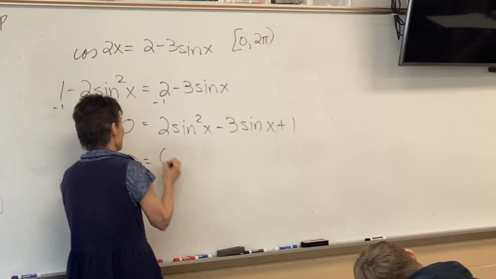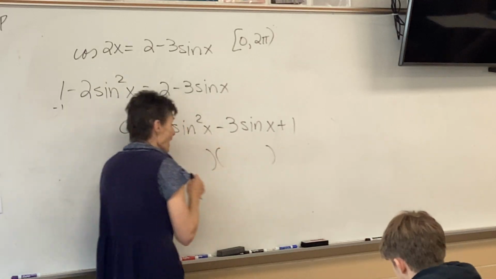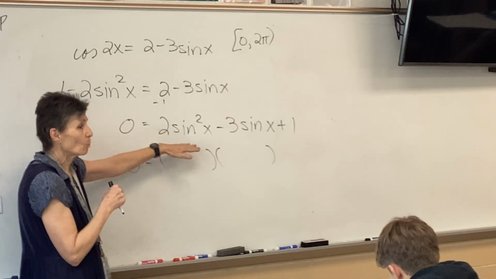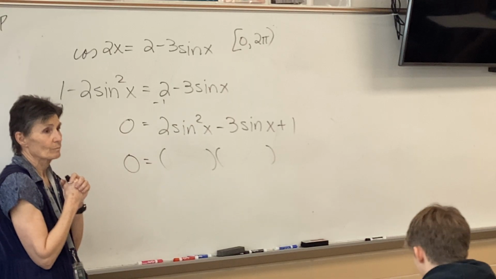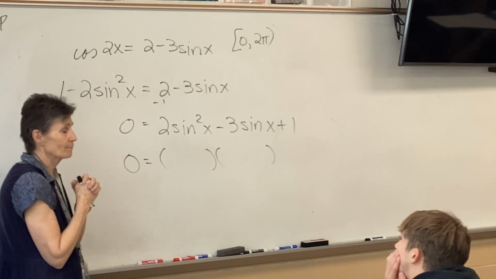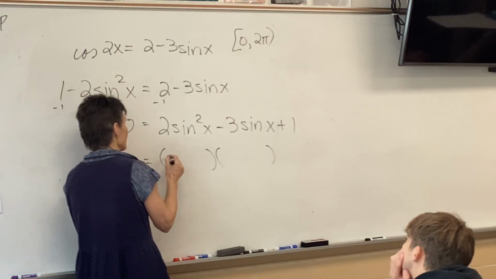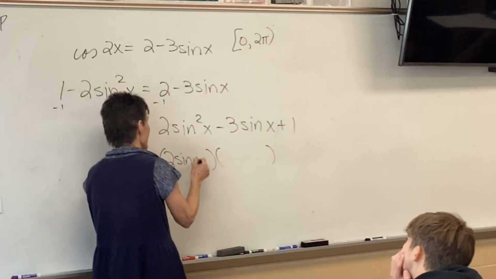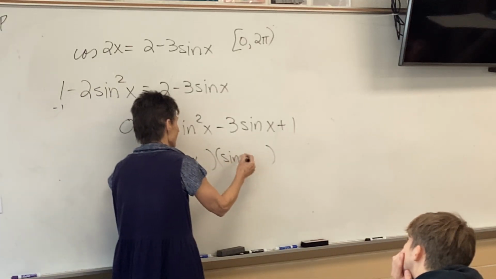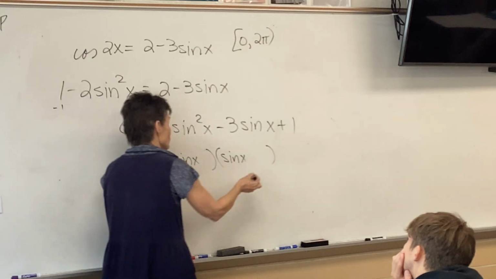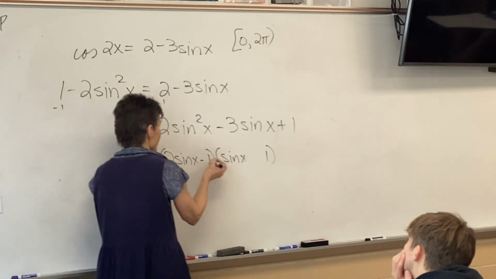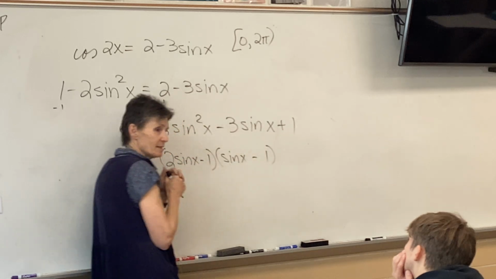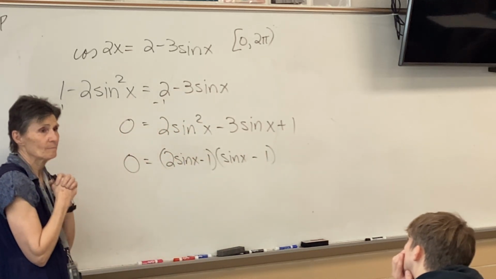Wouldn't it be magnificent if this thing factored? This is a quadratic. If it did factor, wouldn't it have to be 2 sine and 1 sine? Yeah. And the choice has got to be 1 and 1. And they both have to be negative to make that positive. Does that work?